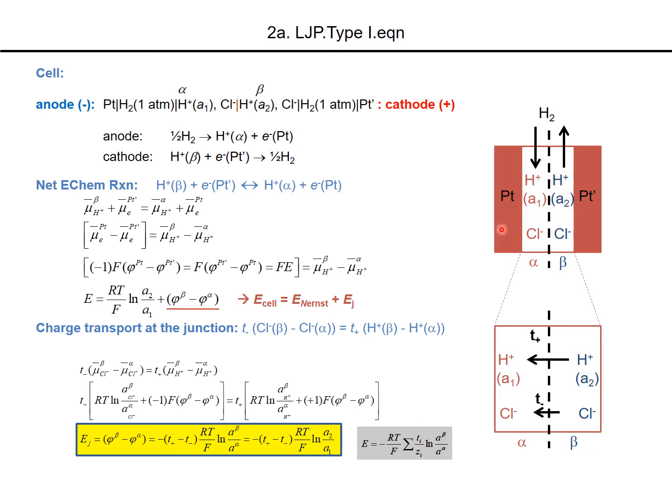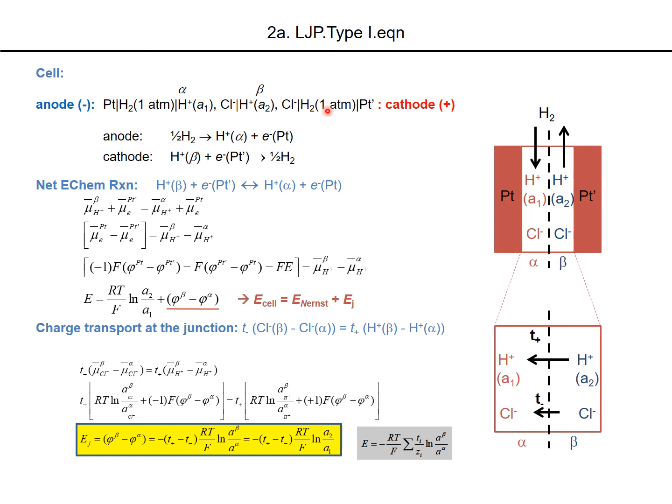So this schematic picture of an electrochemical cell can be described by this notation. So platinum and platinum prime. And in the alpha phase of electrolyte, you have hydrogen gas at 1 atm with proton at activity 1 with chloride minus ion.